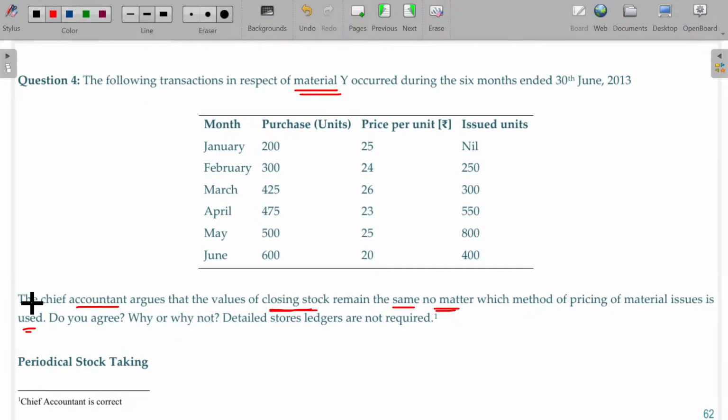If you follow the LIFO method, the closing stock will be at the oldest price. But here, the chief accountant says whatever method you follow, the closing stock's value is the same. And the final question is, do you agree with that? Why do you agree? If not, why do you not agree? Detailed stores ledgers are not required. You don't need to prepare the stores ledger.